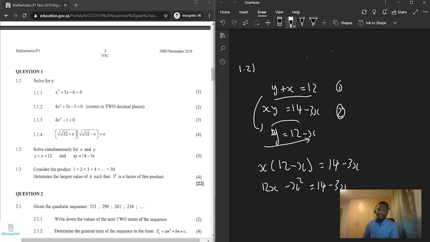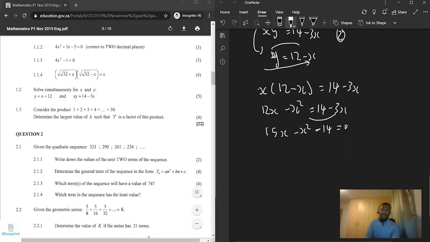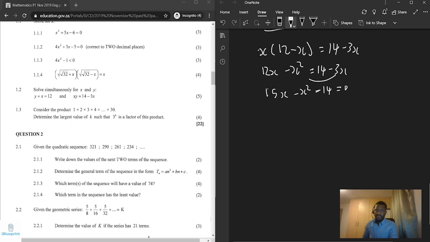Then to simplify, you take this to the other side, and you have 15x minus x squared minus 14 is equal to 0. Now simplify further by dividing by negative across, and we have x squared minus 15x plus 14 is equal to 0.